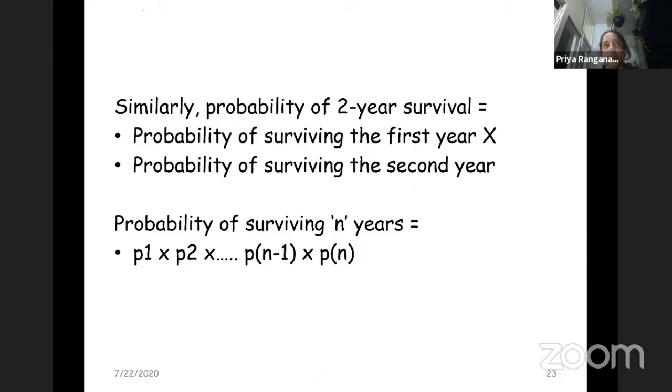And it seems logical, right? Unless you survive the first year, you can't enter the second year. So you have to survive the first year, then you enter the next year, and then the next year. And so the final conditional probability, it's called conditional because it depends on the condition that you survived the previous time interval. And that is what is known as conditional probability.